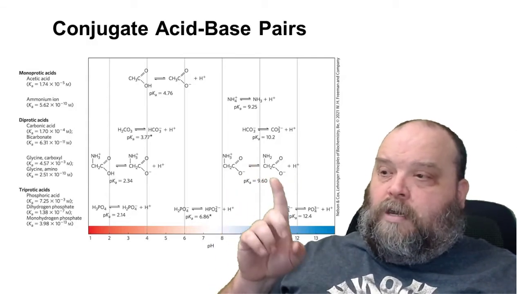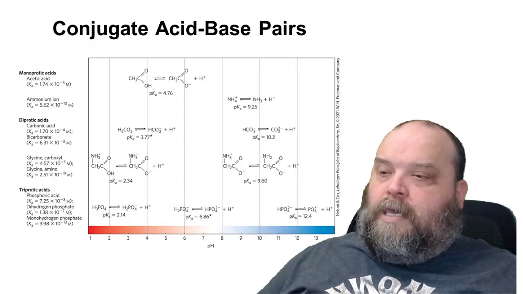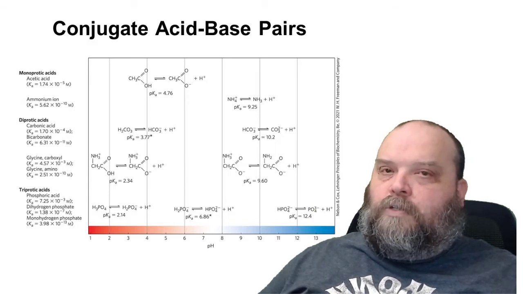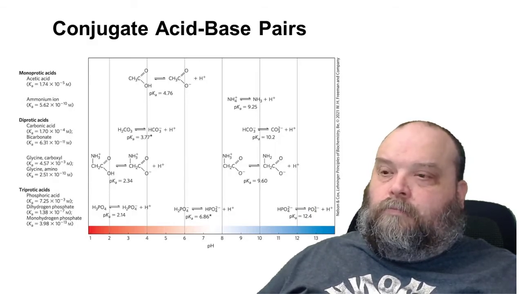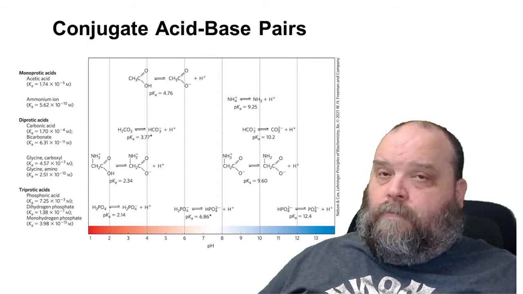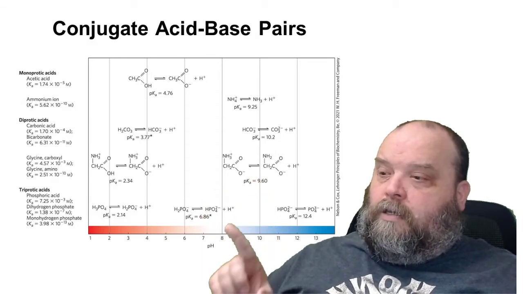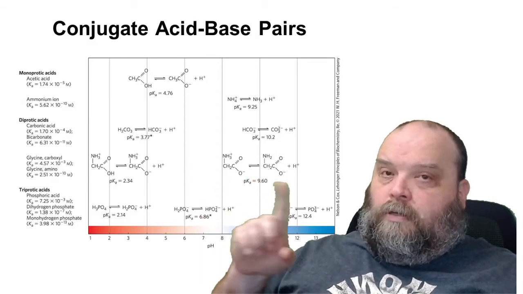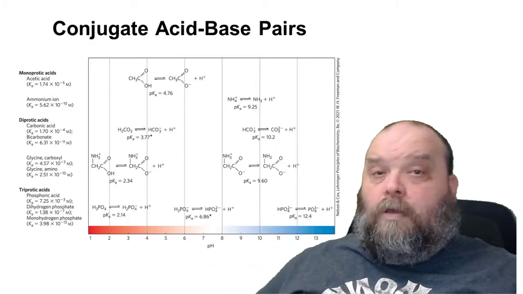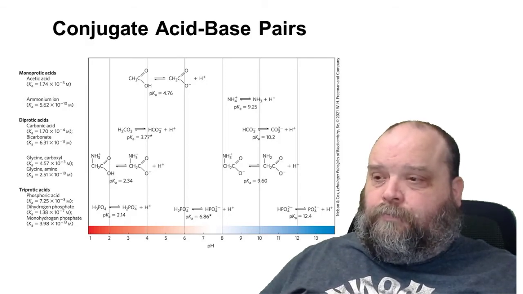Ammonia, another monoprotic, is up at pKa 9.25, pH 9.25. NH4 becomes NH3. Go down to the diprotic and the triprotic: they give up 2 or 3 hydrogens at different pKa or pH values of the environment.